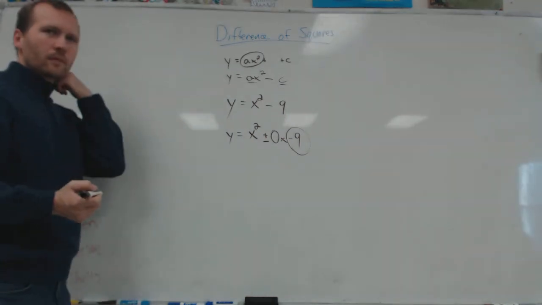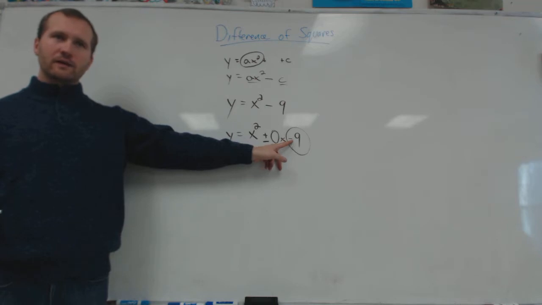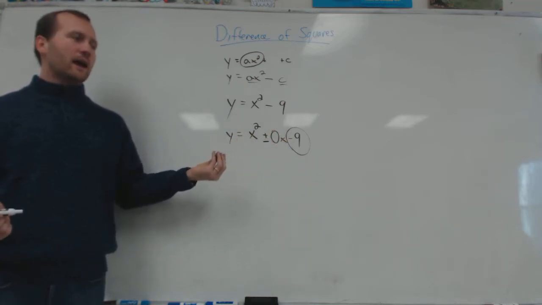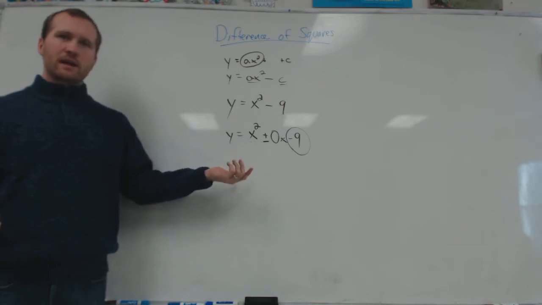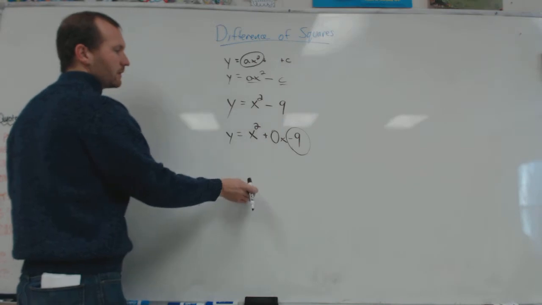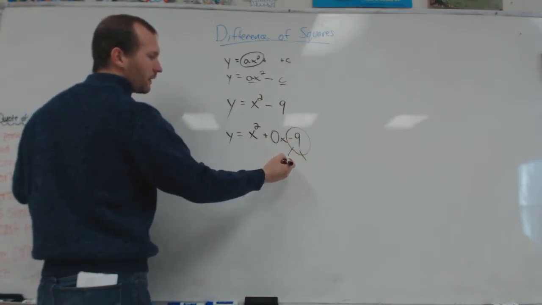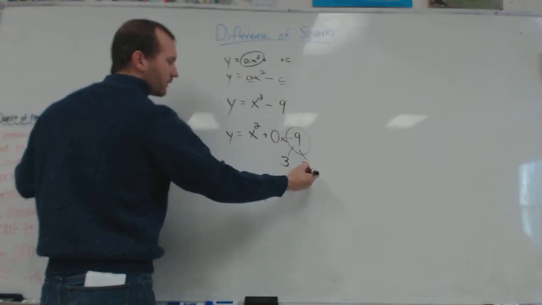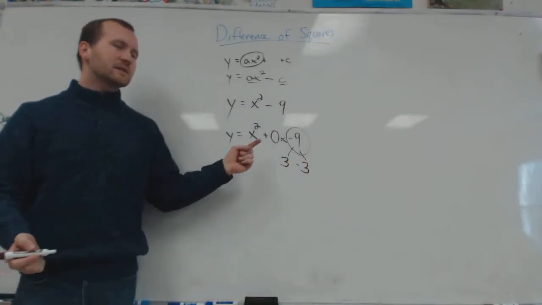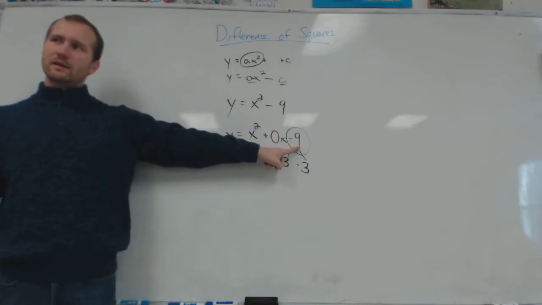And this is why it has to be negative 9, because there's no way that I would have factors of a positive number that add up to 0. That can't happen. So the only factors that are going to add up to 0 are the same number, right? So this is going to work best when this last number here is what?